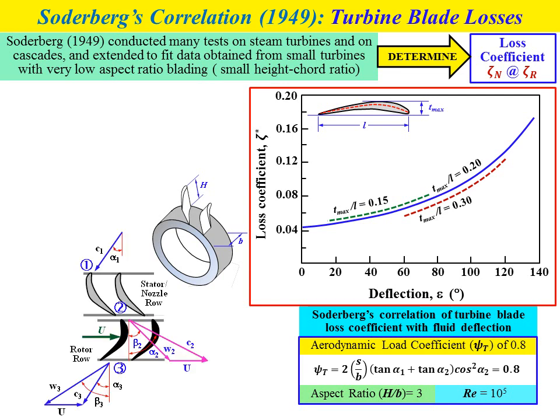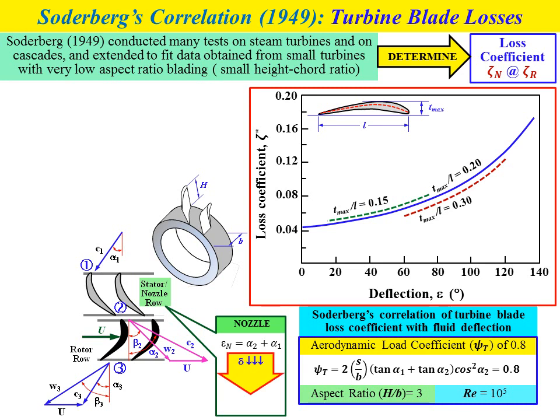Okay, if we refer to the velocity diagram of a turbine stage as shown in the figure, for this nozzle row, the deflection angle can be determined by using this equation, where the flow deflection angle epsilon n equal to alpha 2 plus alpha 1. So the flow deflection angle at the nozzle equals the outlet absolute flow angle plus the inlet absolute flow angle alpha 1.